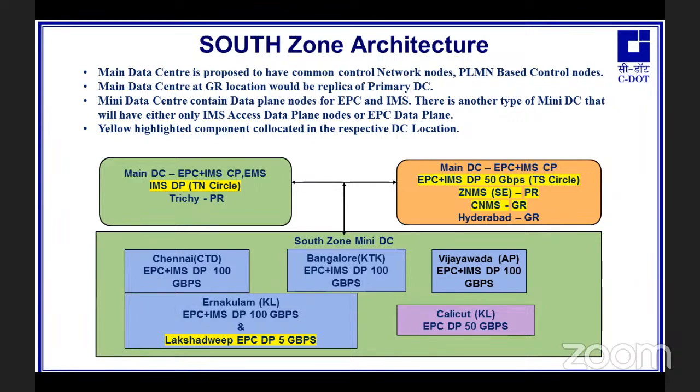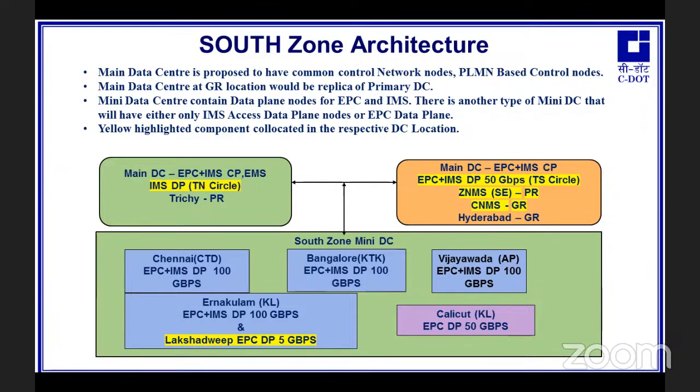Same thing for the GR side, EPC IMS-DP of Telangana Circle, I think, will be there along with the Hyderabad GR site. But Calicut is only EPC-DP, no IMS-DP will be there. This deployment architecture is generated depending on the resources and the requirements which we have received from the corresponding circles.